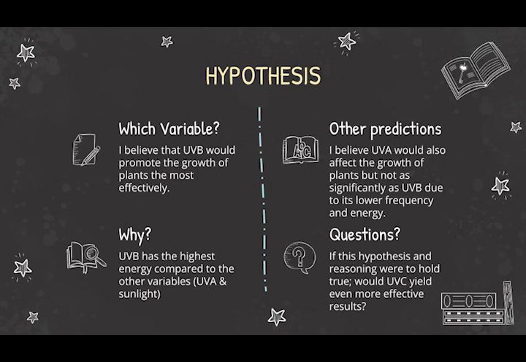Other predictions: I believe UVA would also affect the plant's growth, but not as significantly as UVB due to its lower frequency and energy. Further questions: if this hypothesis and reasoning were to hold true, would UVC yield even more effective results?